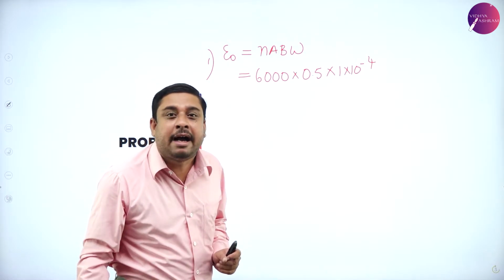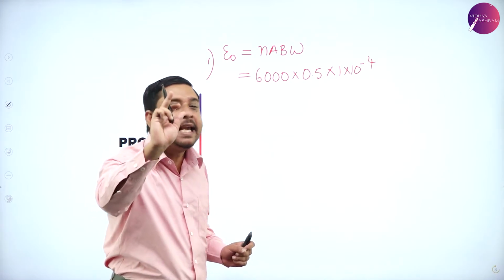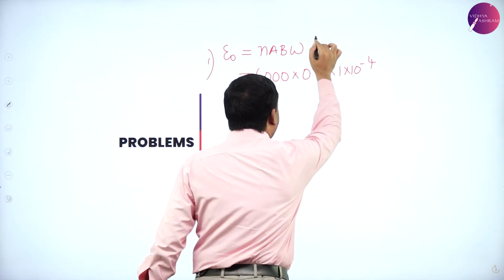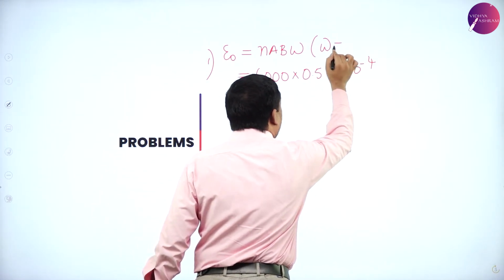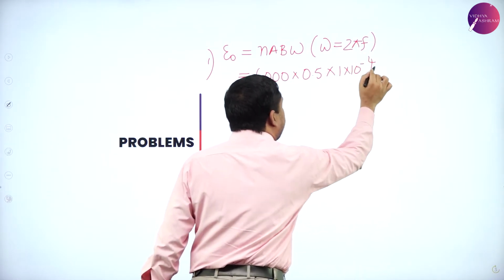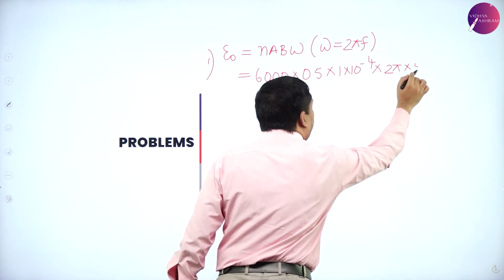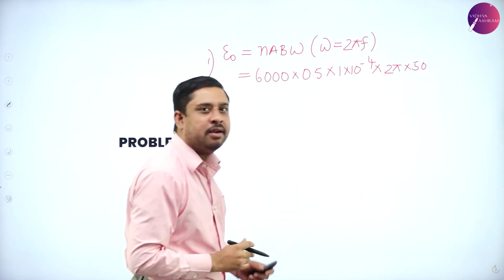Now omega can be written as 2 pi f. If you remember our theory, this omega is nothing but 2 pi f. So this is 2 pi into 50.